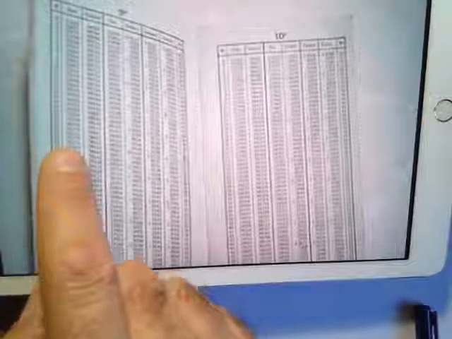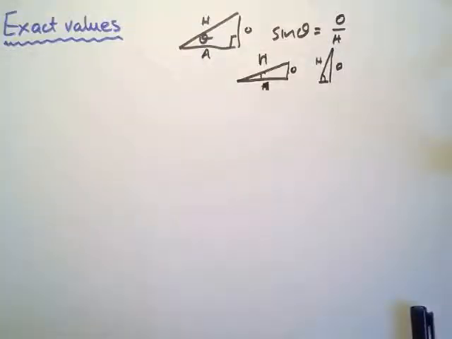So if I was looking for the sine of 9 degrees 45 minutes, I had to go to this booklet, scroll through the page, go to 9 degrees, go to 45 minutes, see which one is sine, and then get that value. All of these values are rational approximations.